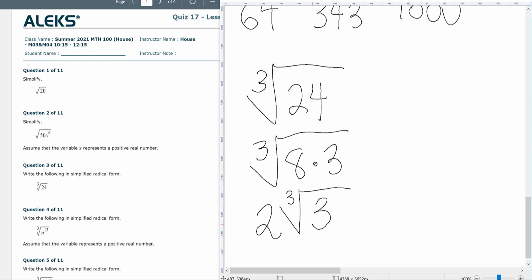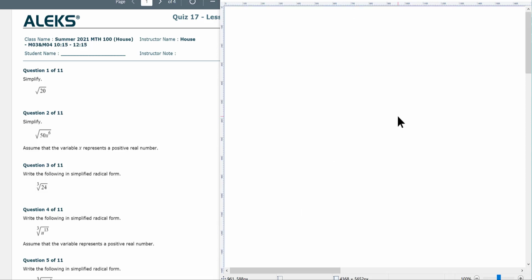So the cube root of 24 in simplified form is 2 times the cube root of 3. Don't forget to write the index. The only time we don't write an index is when it is a square root. Now we have the cube root of u to the 13.